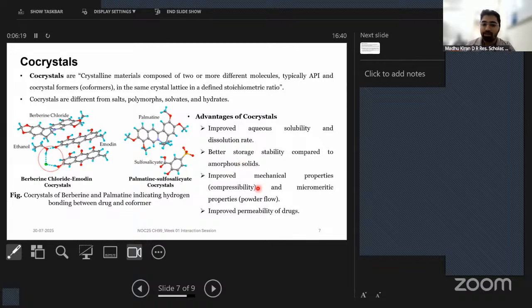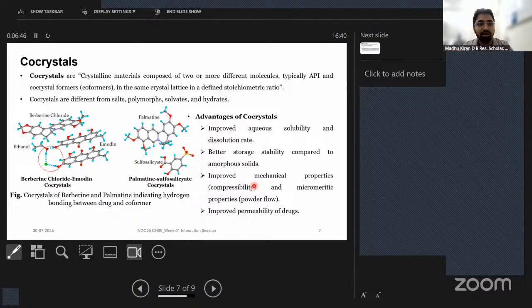And like I said, the handling of amorphous is very difficult because of its hygroscopic nature and all. But in case of co-crystals, there are no such limitations. They also have good mechanical properties like compressibility, and also a good powder flow property. As you might have seen, materials that are hygroscopic usually tend to show limited powder flowability.